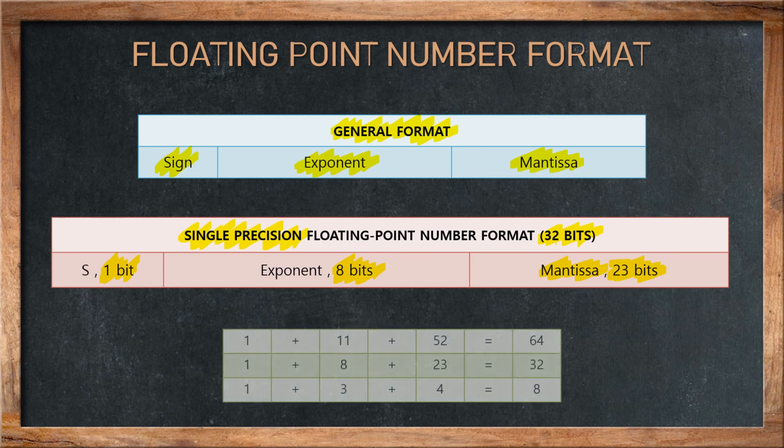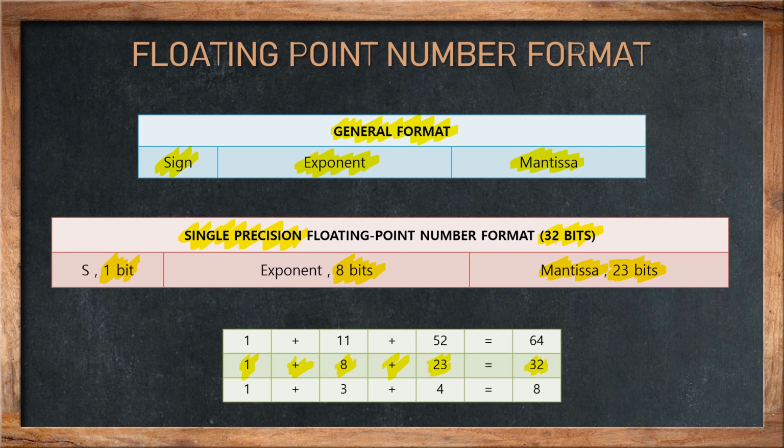In 8 bits you can store your exponent, and in 23 you can store your mantissa. So always remember, for the 32 bit single precision floating point number, the format is 1 plus 8 plus 23. This is the standard format for 32.